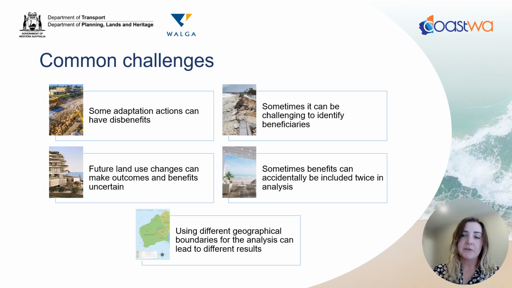You can also sometimes see benefits accidentally being included twice in the analysis. A lot of benefit distribution analysis in the coastal adaptation space is going to rely on things like willingness to pay for recreational use. So that's thinking about what people would be willing to pay for access to the beach, for example. But that's a very high level number, and that can include all of the considerations that person might put into what they'd be willing to pay.